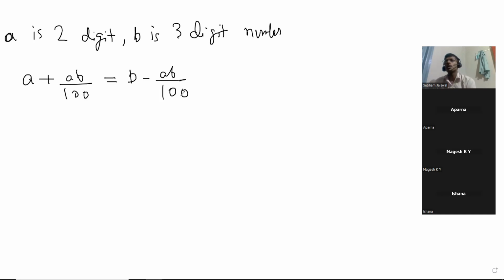Is this equation correct? Yes or no? Okay. And then we need to find A and B. Find all possible A and B. So A plus AB by 50 is equal to B.